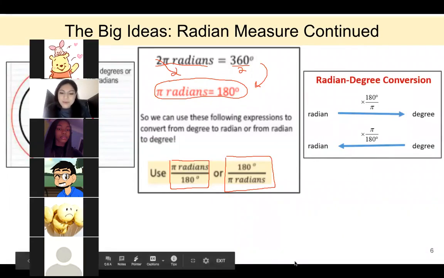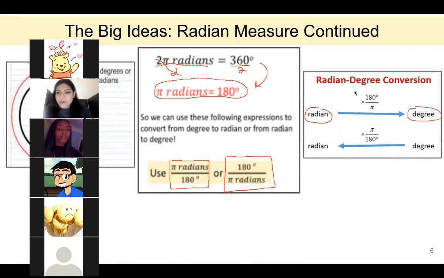If I want to convert from radians to degrees, you multiply by 180 divided by pi. If you want to go from degrees to radians, see the arrow, you multiply by pi over 180.